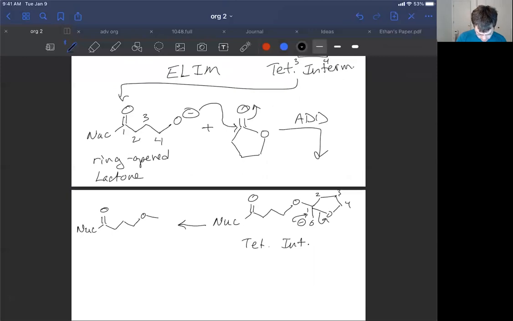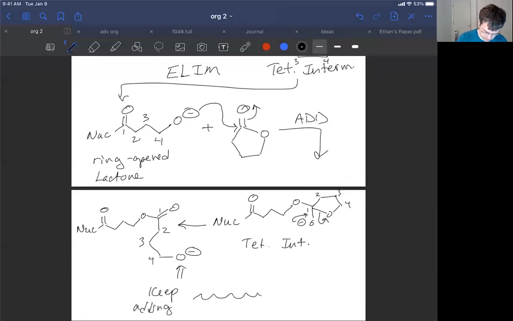1, 2, 3, 4. And that 1 was at a carbonyl. That 4 now is at a negative charge. This will keep adding over and over again.